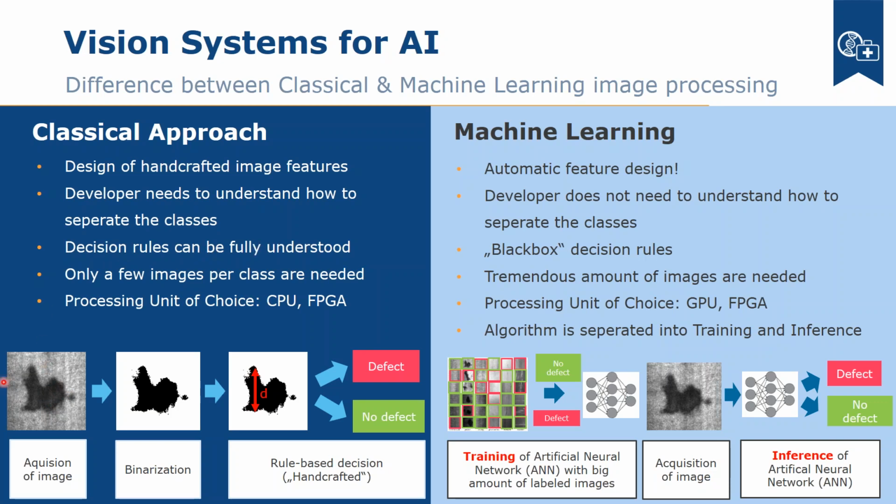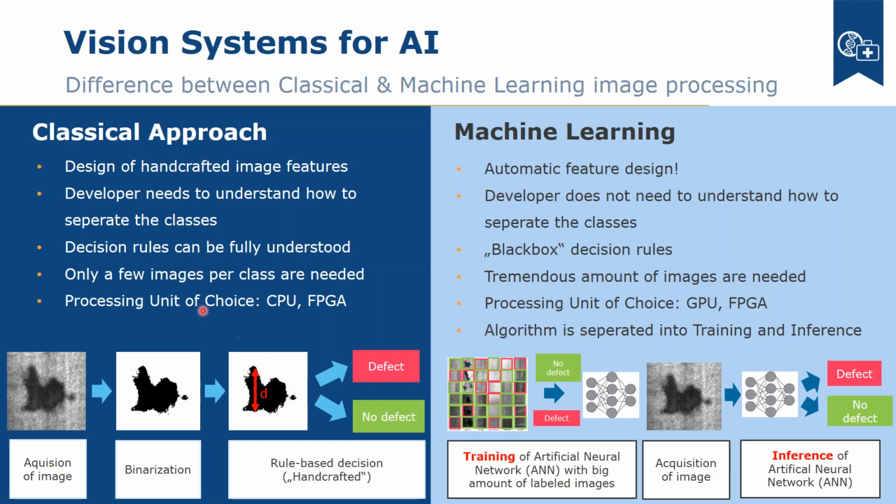In that case, you had the acquisition of the image. You did a binarization to get it really clear between white and black. Then you thought about what your measure is to see if it's a defect or not, and we chose the distance. If this maximal distance in the hole is bigger than, let's say, 1 centimeter, we would say it's a defect, otherwise it's no defect.